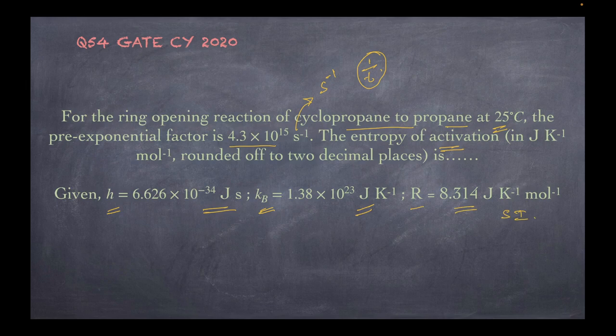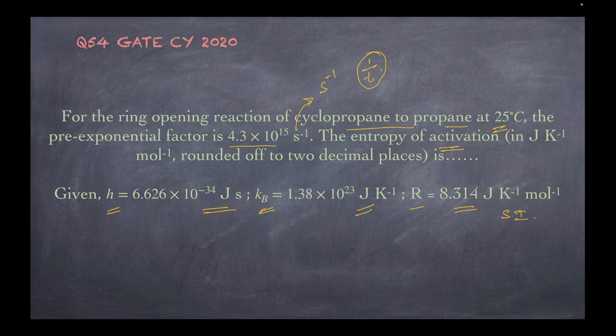Now for any chemical reaction, let's say the reaction is happening along one particular coordinate. We call it a reaction coordinate, that means along that coordinate the reaction is happening.